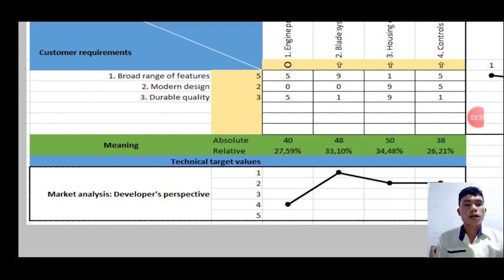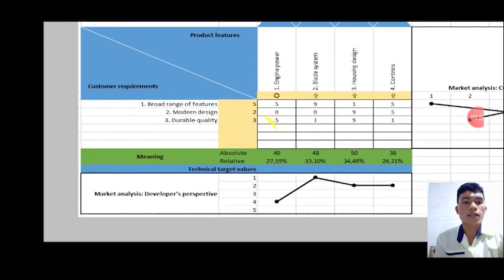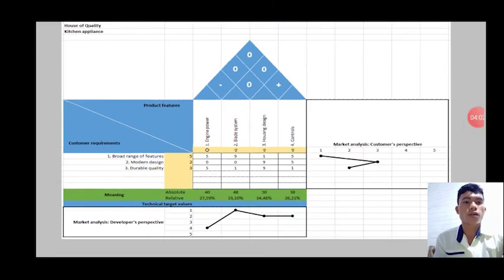For motor power it is a rating of 4. For blade system it is 1, 2 for housing design, and 1 for controls. And then connect the markings to make a graph, and that is how it looks.